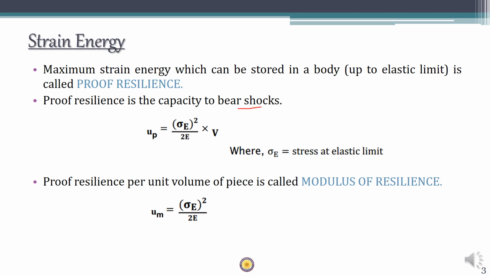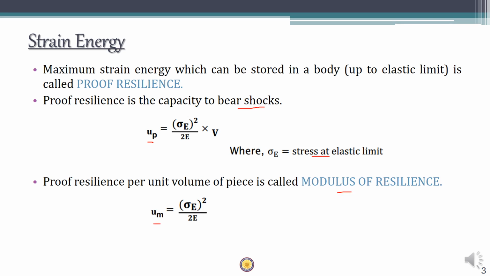It is denoted by Up equal to sigma E square by 2E multiplied by volume, where sigma E is the stress at the elastic limit. The proof resilience per unit volume is called modulus of resilience, and it is denoted by Un.